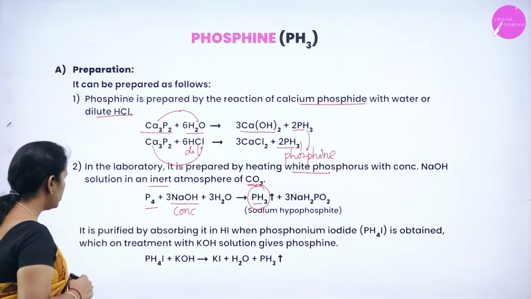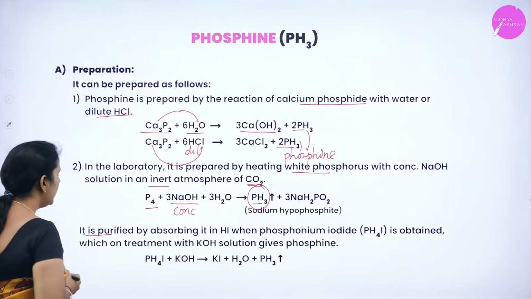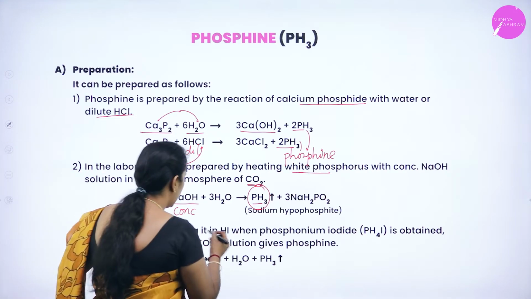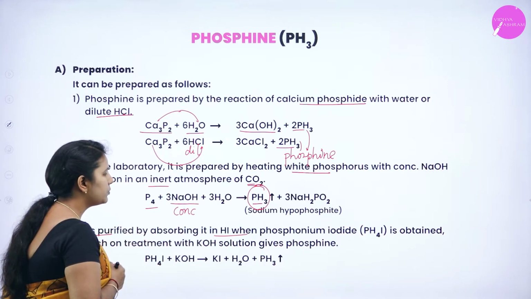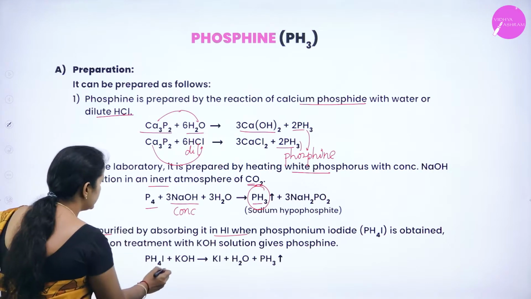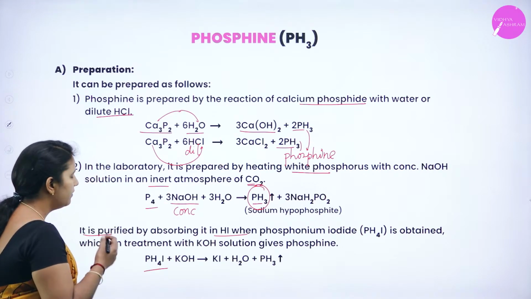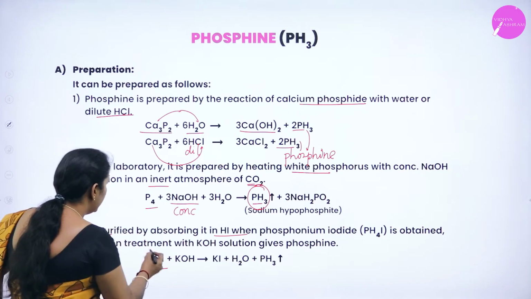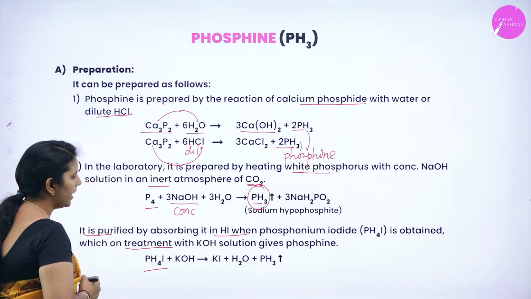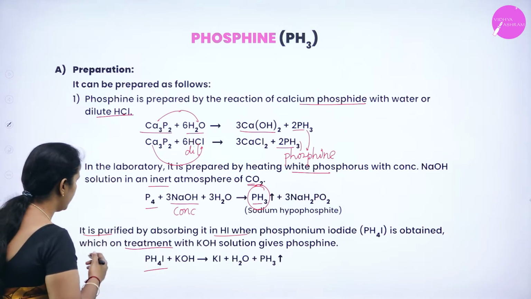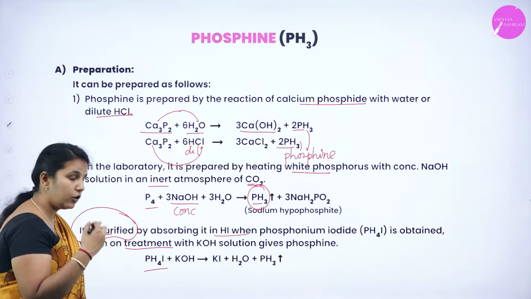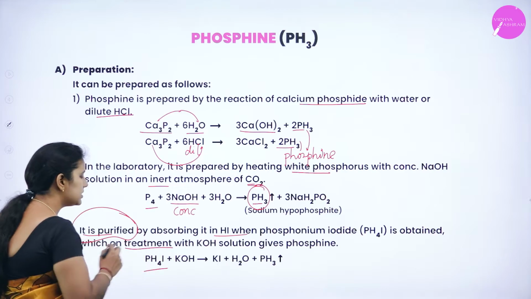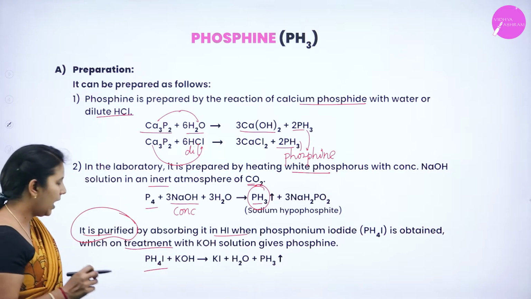So we have one more method. It is purified by absorbing it in hydrogen iodide, when phosphonium iodide is obtained, which upon treatment with KOH gives phosphine. So the purified form of phosphine can also be prepared by considering phosphonium iodide.